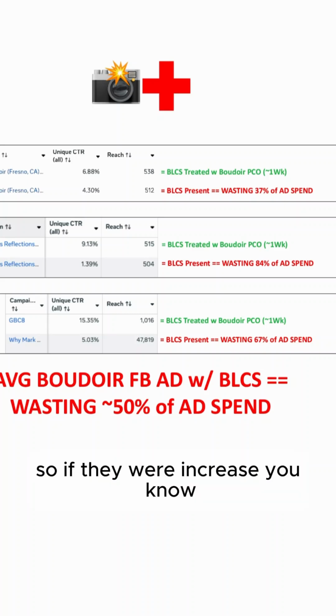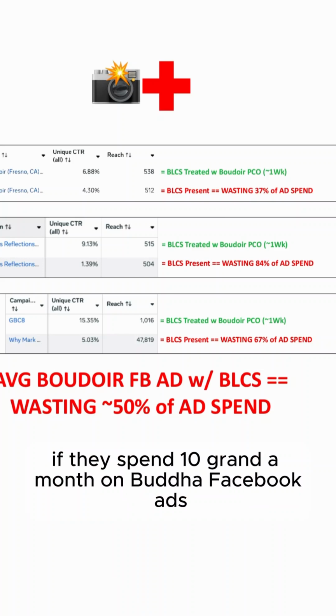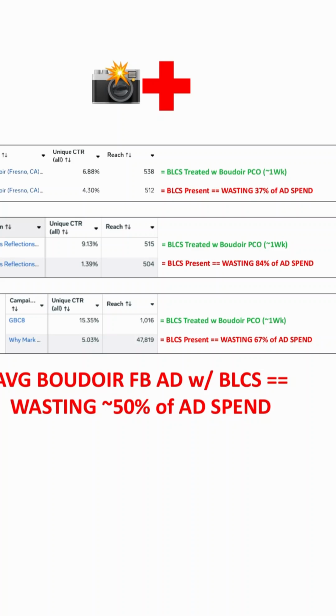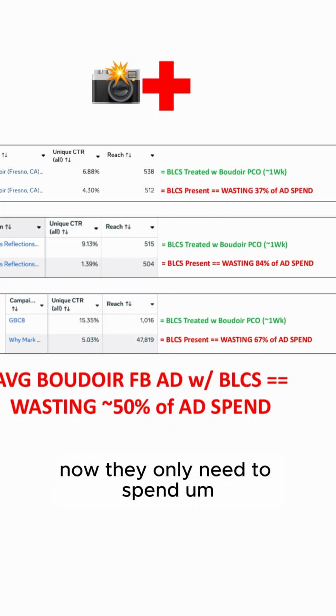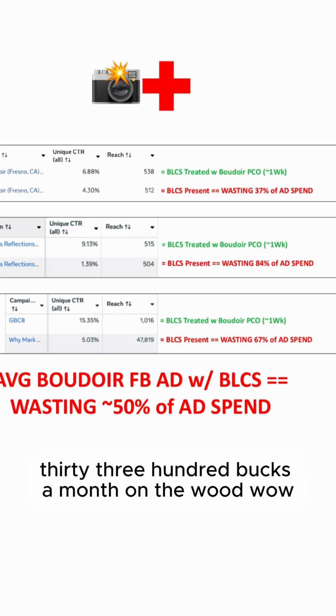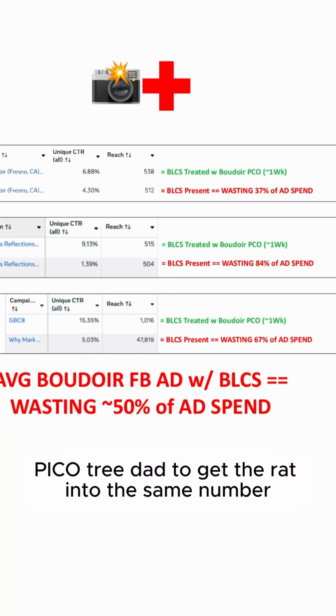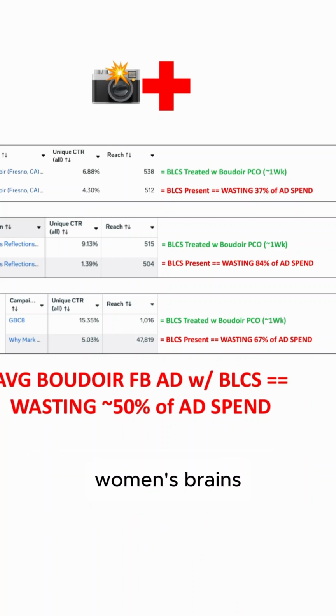So if they're spending 10 grand a month on Boudoir Facebook ads, now they only need to spend $3,300 a month on the Boudoir PCO treated ad to get their ad into the same number of women's brains.